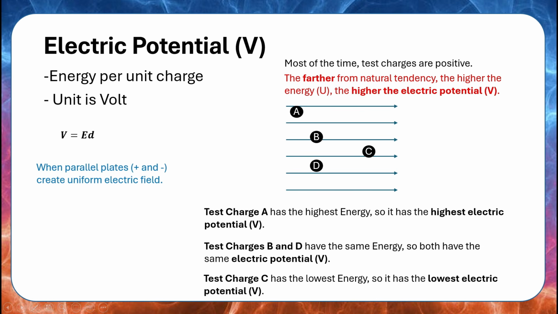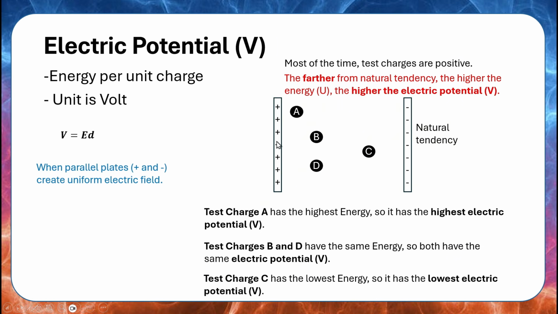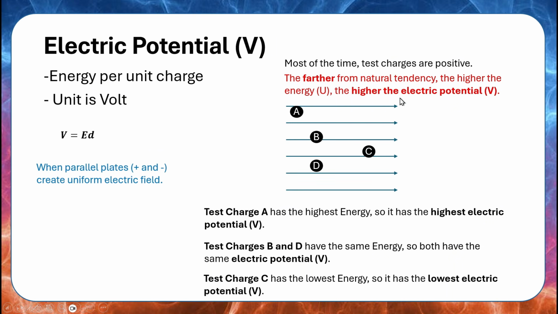You need to keep in mind that the positive plate is always where the arrows are coming from, and the arrowheads are always pointing to the negative plate. So the natural tendency point is where the arrowheads are. Although the negative plate is not there, the arrows are going towards the negative plate. Okay, so always keep that in mind.